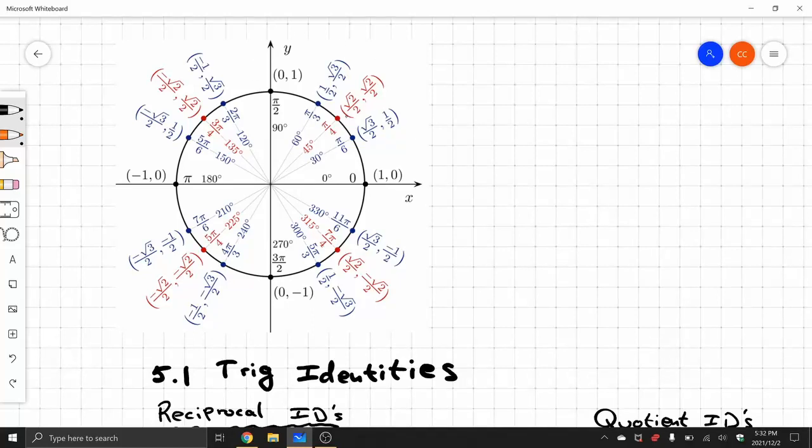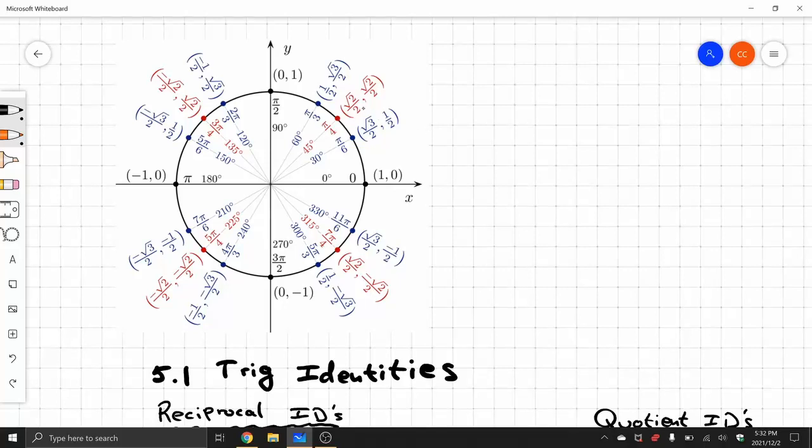Now if you notice on your unit circle, there's really only 3 combinations here, 3 coordinates. I've got root 3 over 2, I've got 1 over 2, and I've got root 2 over 2. And then I've got the negatives of those. But everything else is just a combination of those 3 coordinates, right?